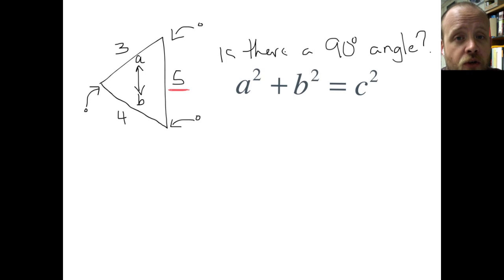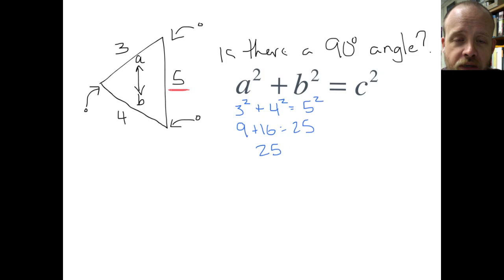So let's put it all together, and we get 3 squared plus 4 squared equals 5 squared. And as we do this, we just need to solve and simplify. So 9 plus 16 equals 25. So 25 is equal to 25. That seems true, right? That's correct. But what does that mean?